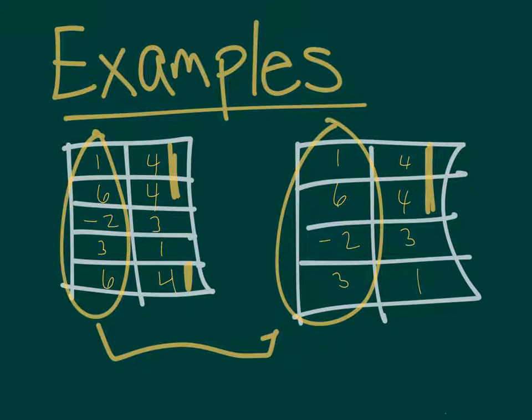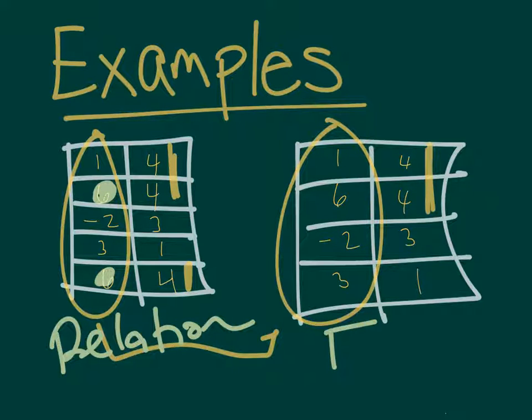It can be a relation, which is totally a fine thing to have, but usually in math classes we deal with functions, so that's why we like to know the difference. If you're looking at it carefully, you can tell that because the 6 here shows up twice, this is a relation, whereas the second one is a function. And again, it is totally fine that both 1 and 6 map to 4.